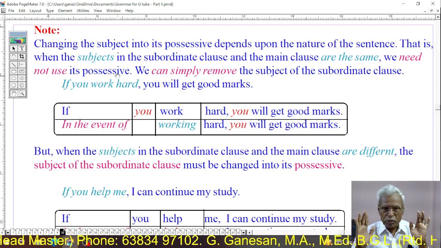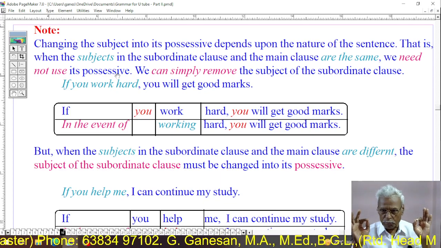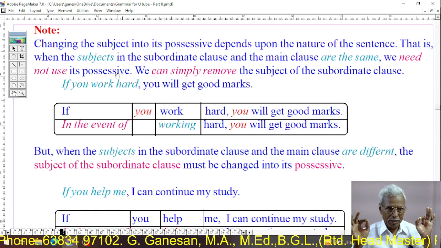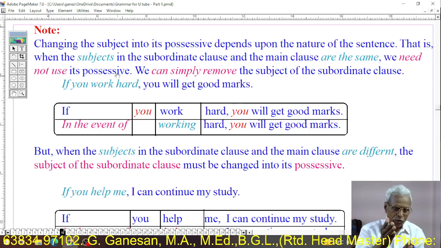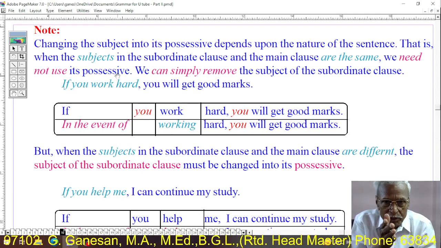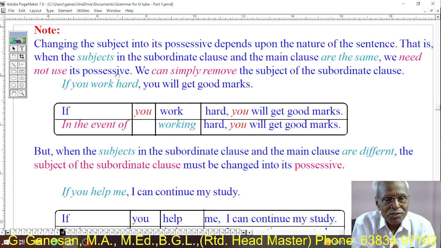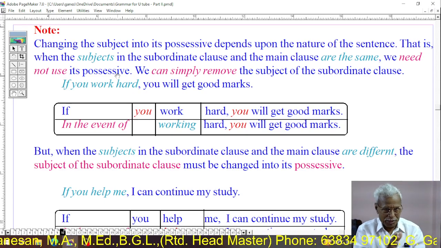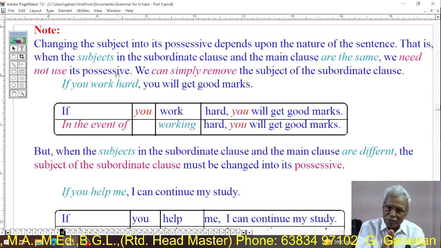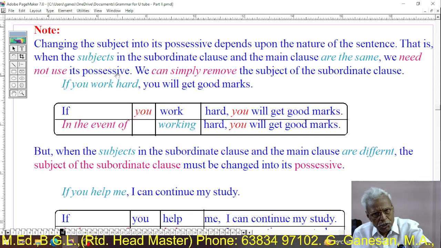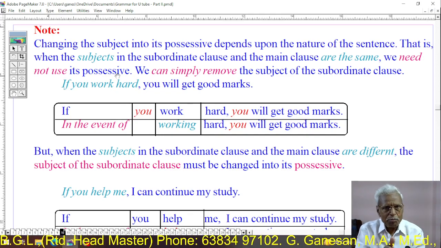The subject of the subordinate clause can be simply removed.